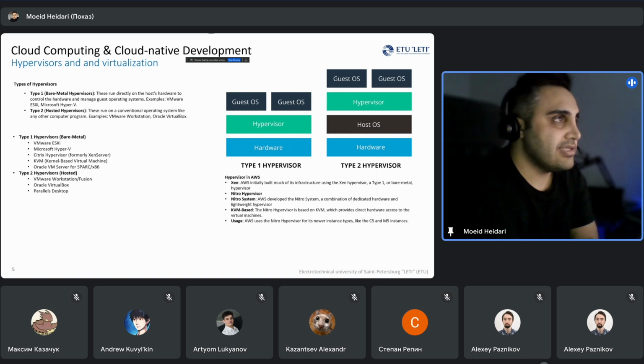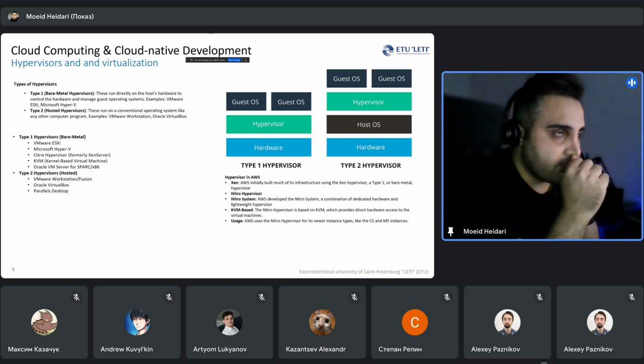This kind of hypervisor is connected directly to the hardware and acts as the entry point of our infrastructure, and we don't need to have an operating system other than that. So this hypervisor actually is going to be like VMware ESXi or Microsoft Hyper-V or any kind of other technologies.